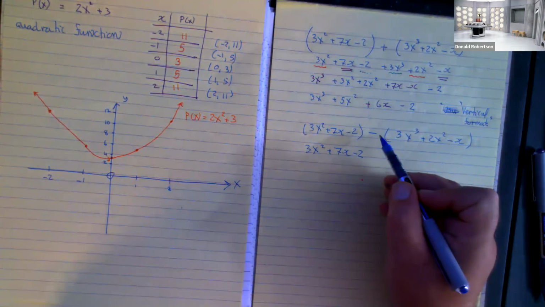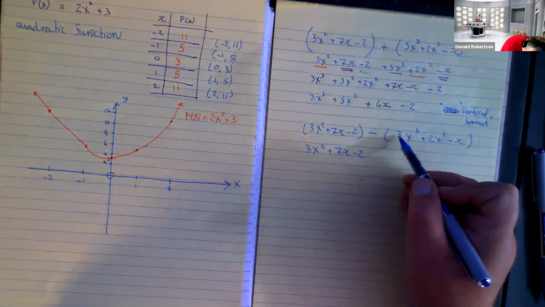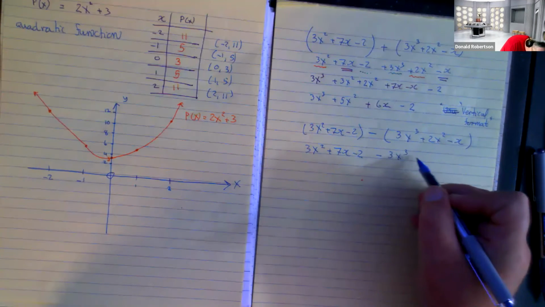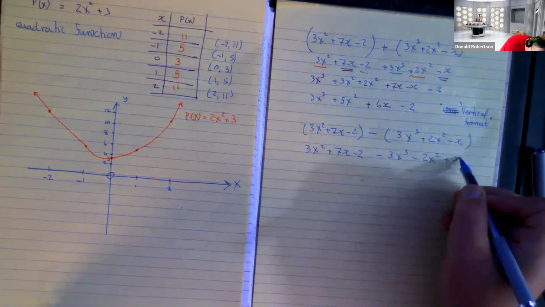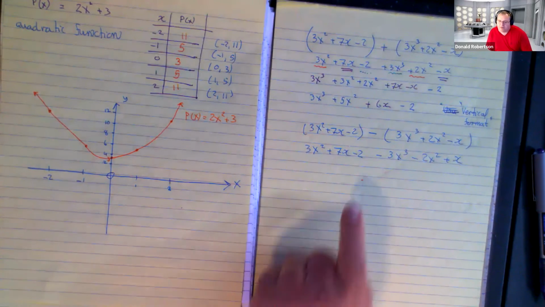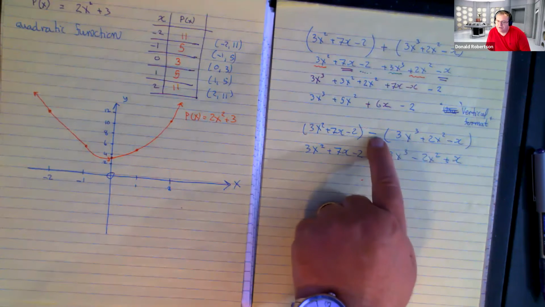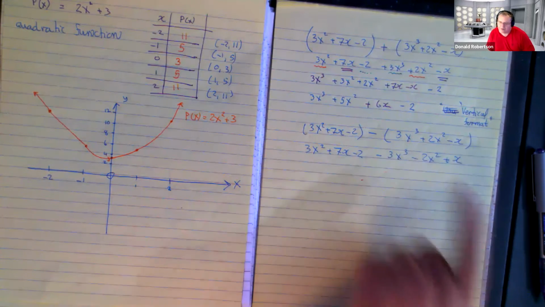But now you're going to subtract all of that. So think of that negative as being distributed through everything. So you get a negative 3x cubed, a negative 2x squared, and finally a plus x. A negative of a negative gives you a plus. And these two are negatives of positives, so that's why they're negatives.